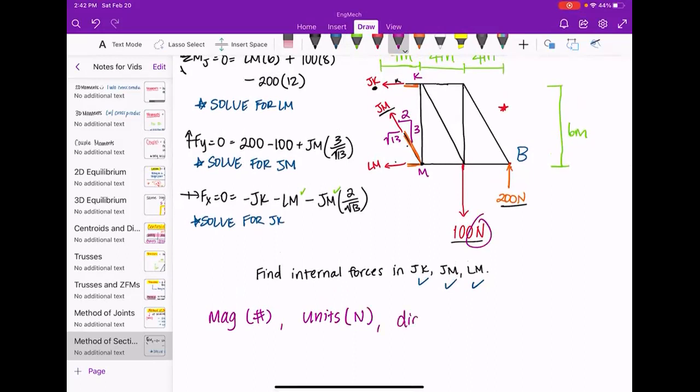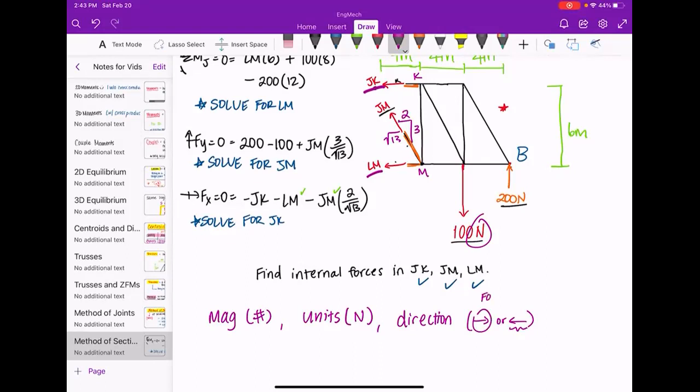And my direction for JK and LM will just be an arrow to the left or right, depending on whether the number came out positive or negative. If it came out as a positive answer, I just assume that my drawn direction is correct. If it came out negative, then I would switch the arrow.